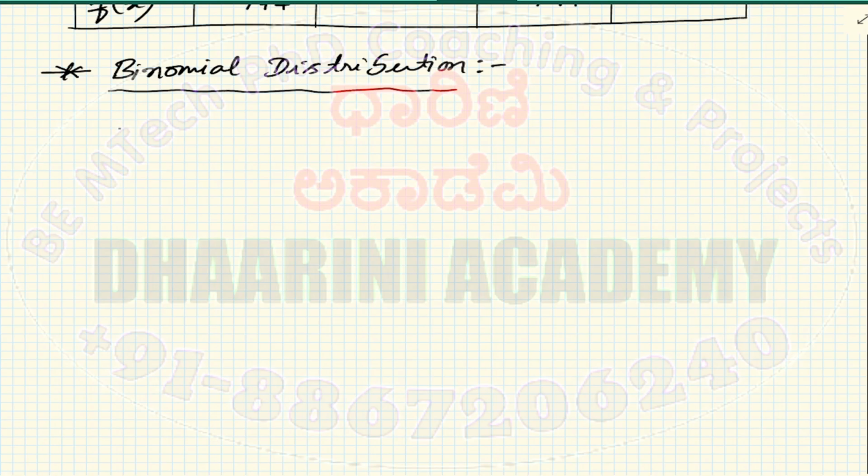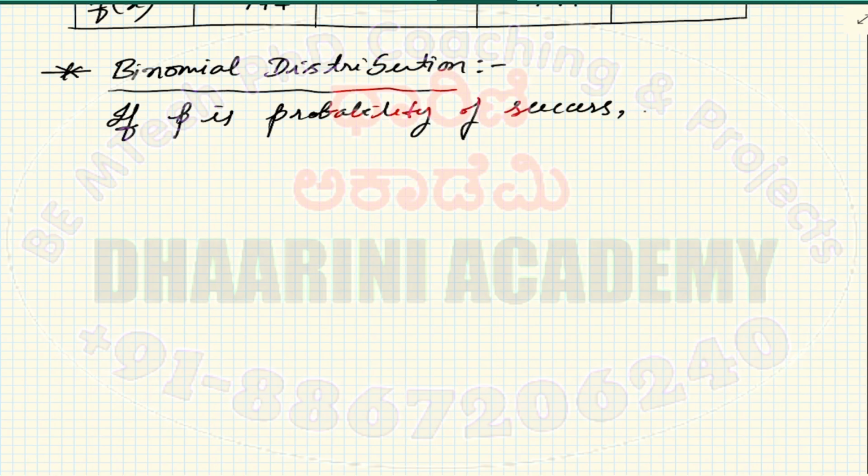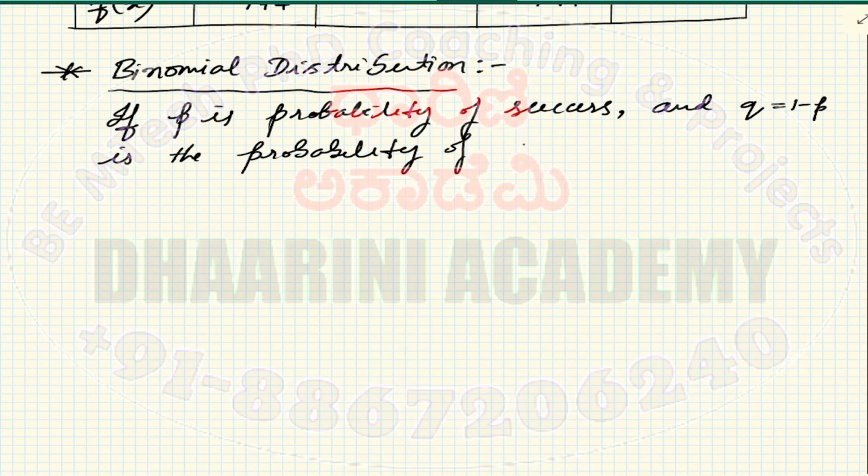If P is the probability of success, then I can directly write the probability of failure, which is 1 minus P, correct? So Q, which is equal to 1 minus P, is the probability of failure.